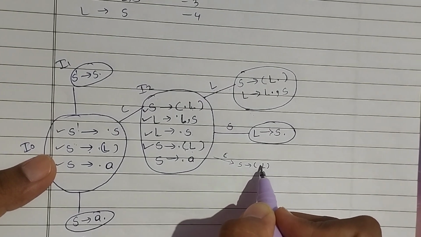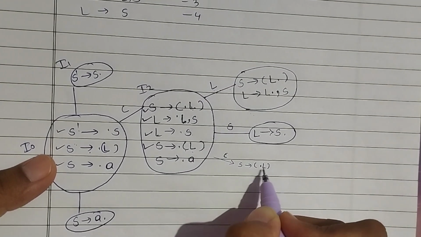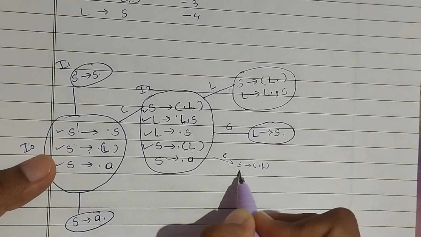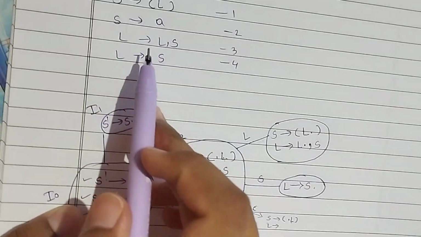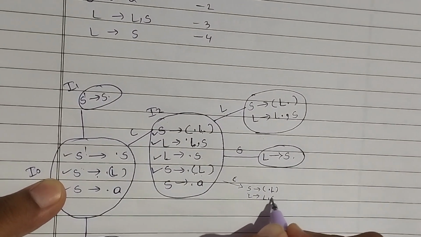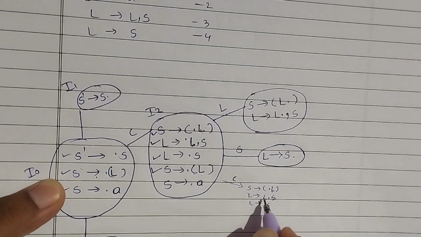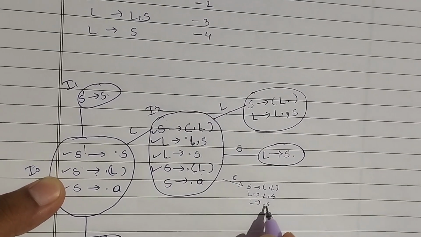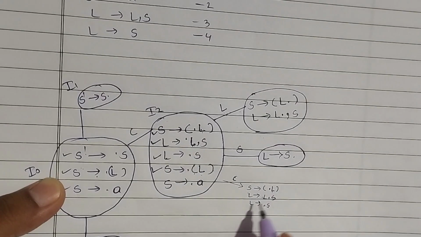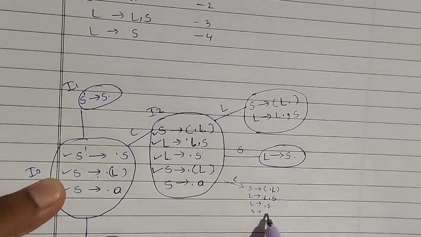After the dot operator, L is present, so we write all the grammar of L: L → L, S and L → S. Then again after the dot S is present, so we write all the grammar of S.